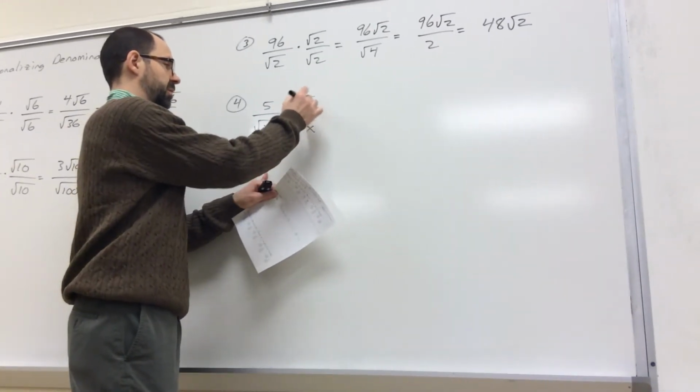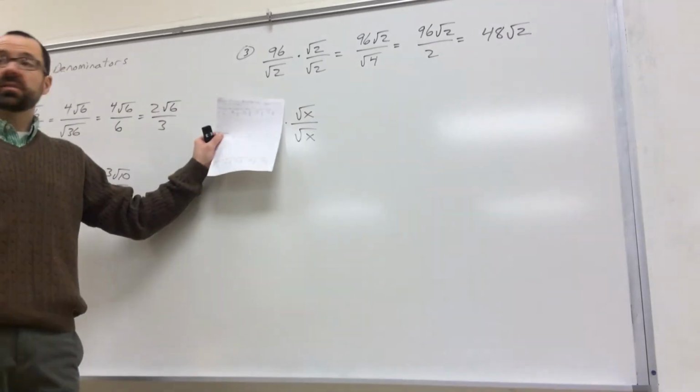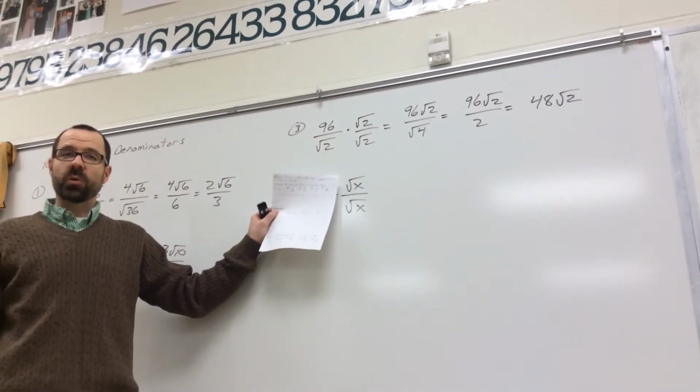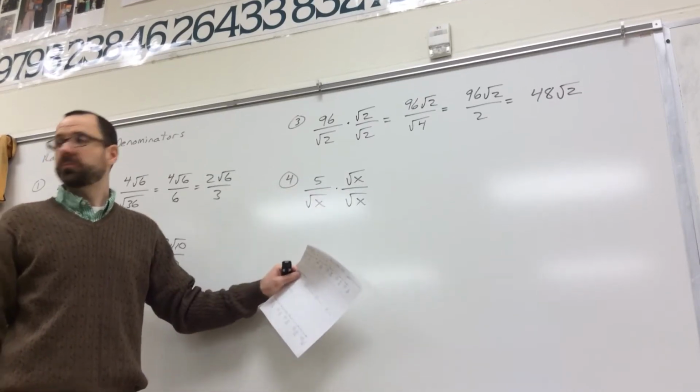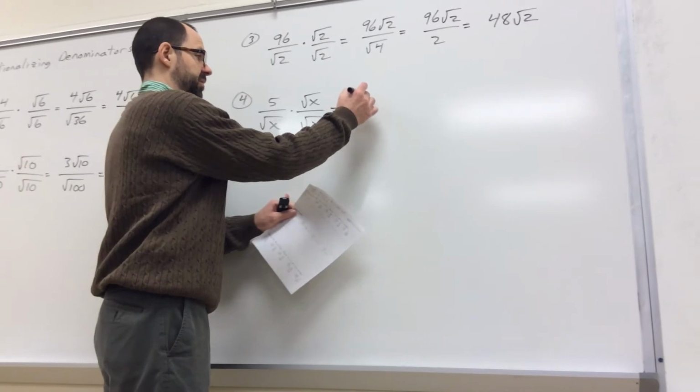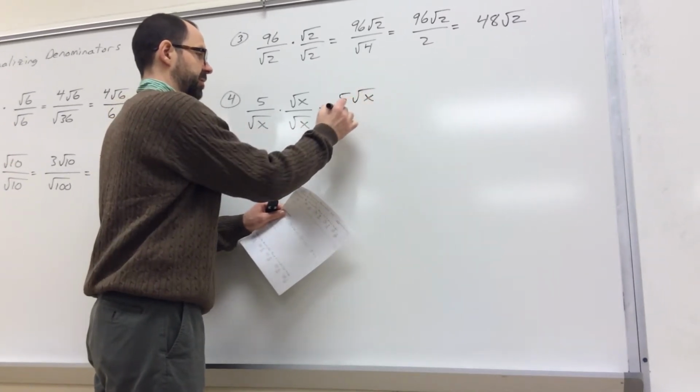So multiply by 1, and this time the weird form of 1 is square root of x over square root of x. So then the top is 5 square root of x.